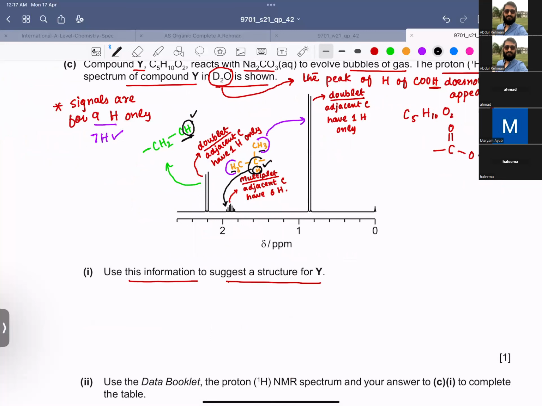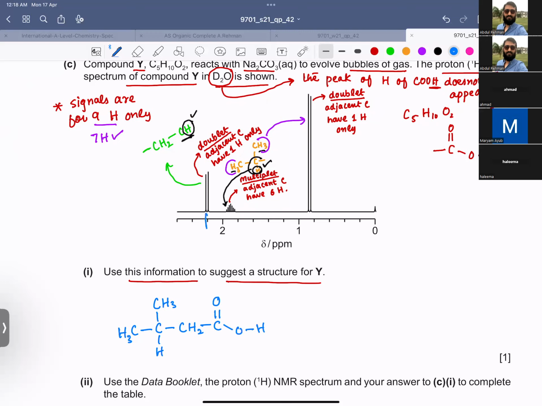Now, if I connect these fragments, it can be a CH3 bonded to a carbon, and that carbon has another CH3 and a hydrogen, and that carbon is further bonded to a CH2, and this CH2 is bonded to a carboxylic acid carbon, and that's why it is de-shielded.